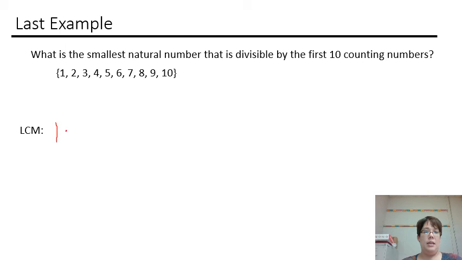Okay, and then for 2, the prime factorization of 2 would be 2 times 1. So I already have the 1. So now I need a 2. There. That's an ugly 2, but it'll be there. Okay, now to get 3, the prime factorization of 3 will be 3 times 1. So I need a 3.